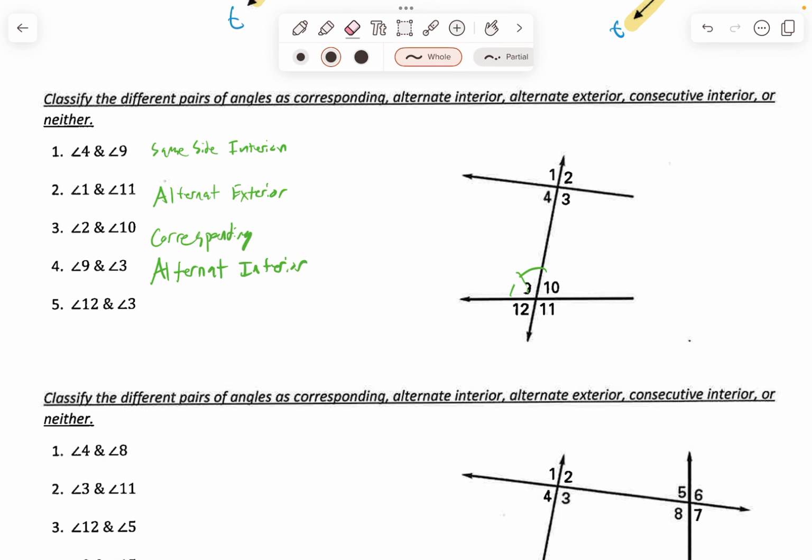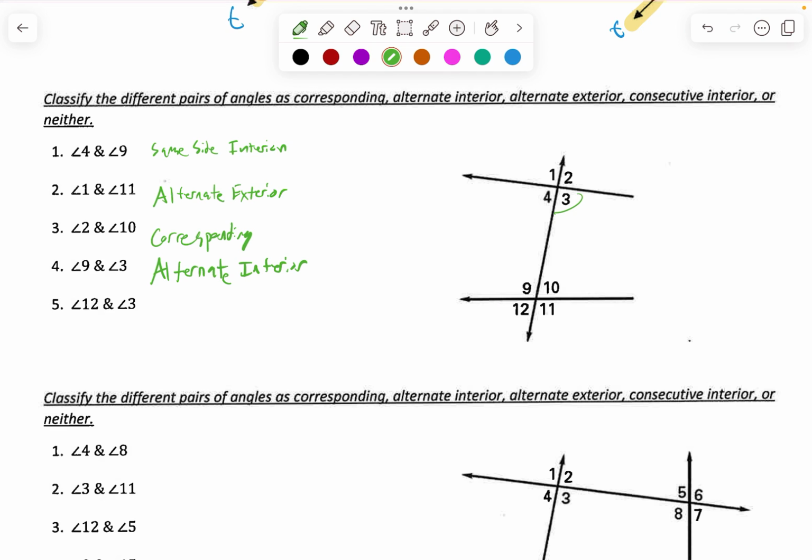Yes, write the whole thing out. Do not try to abbreviate it if you're trying to shorthand these things. Don't do it. 12 and 3. Okay, I don't think that's a relationship we talked about, right? One's on the outside, one's on the inside. They are switching.